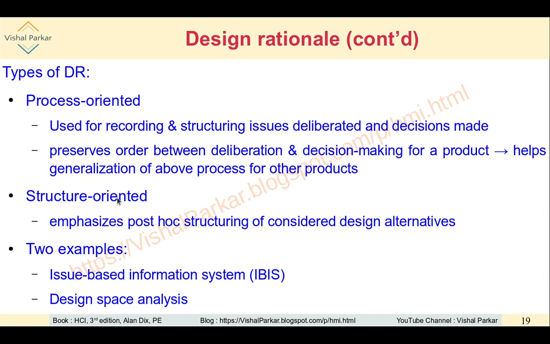This structure oriented type of design rationale emphasizes post hoc structuring of considered design alternatives. What it means, it not only records the issues or the requirements given by the client as they are.